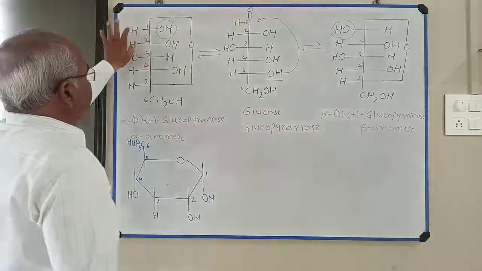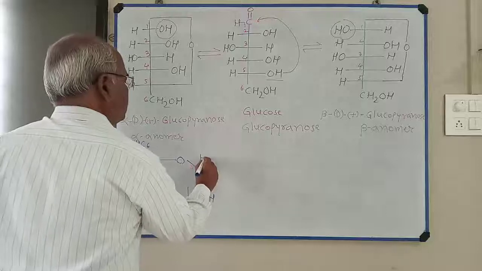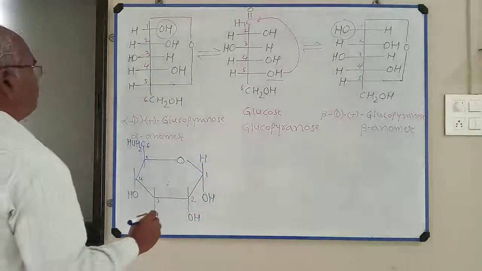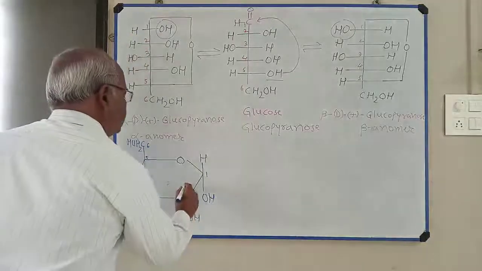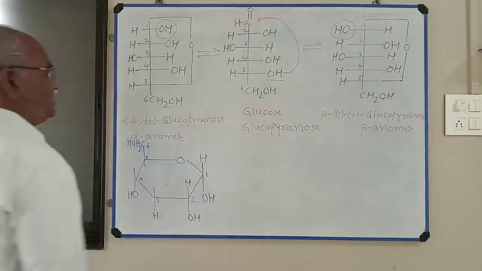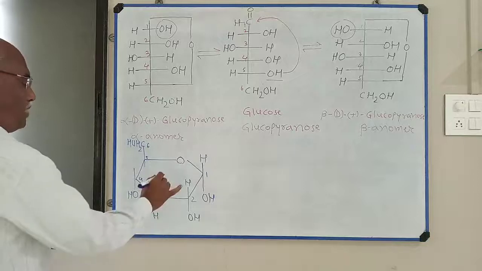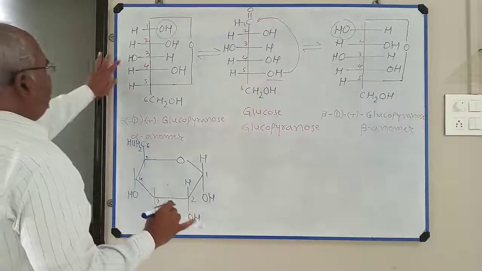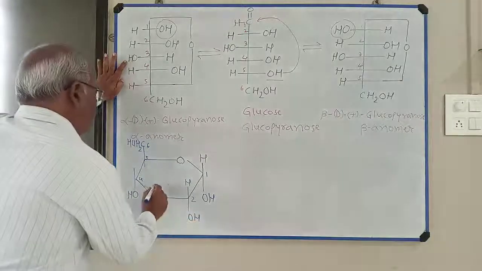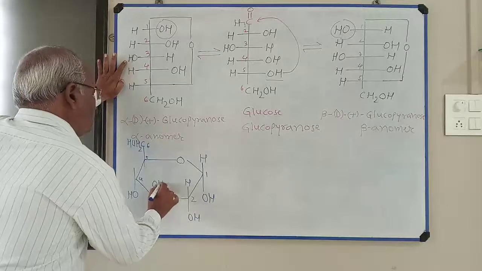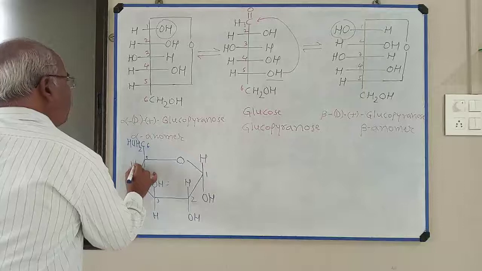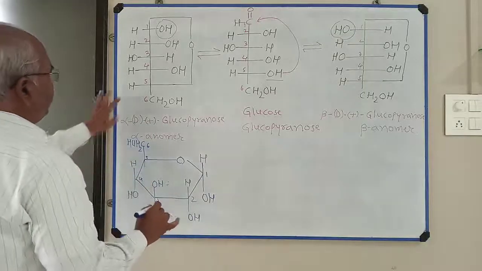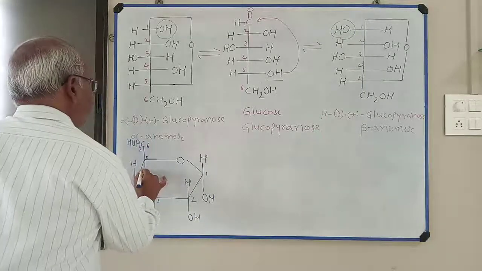At 1 here is hydrogen, therefore I represent H. At second carbon on left is hydrogen, therefore it is represented upward. Here OH is left, so I represent upward. Here H is left, therefore I represent upward. And at fifth the H is represented here.